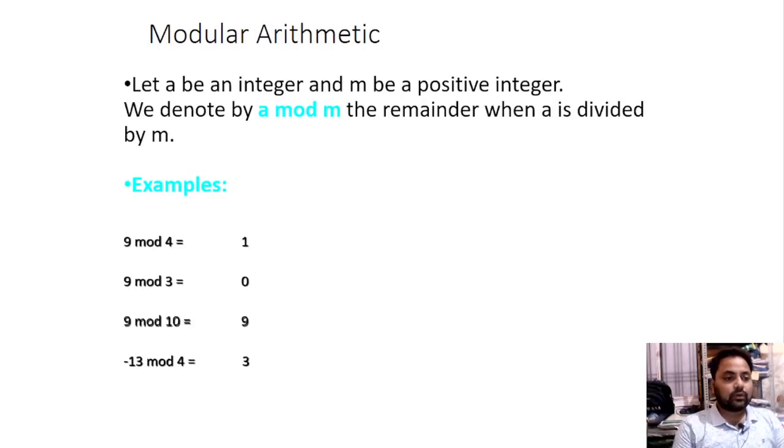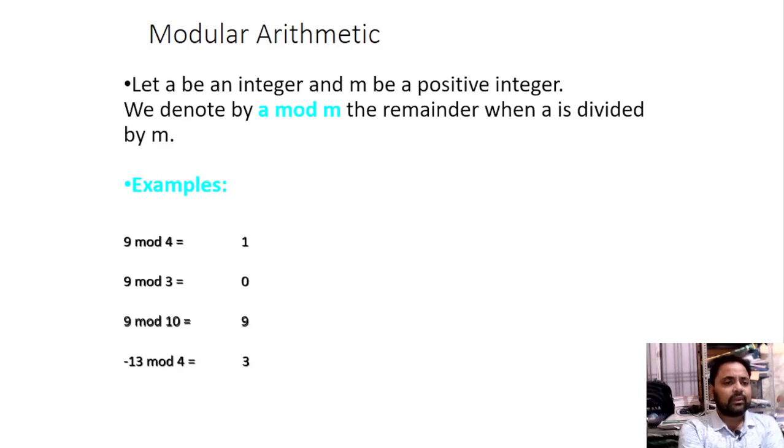So first of all, you have to learn about modular arithmetic. Here what is given: let a be an integer and m be a positive integer. a is not necessarily a positive integer, it should be an integer, whether negative or positive, it doesn't matter.